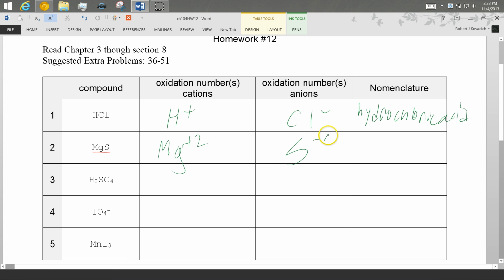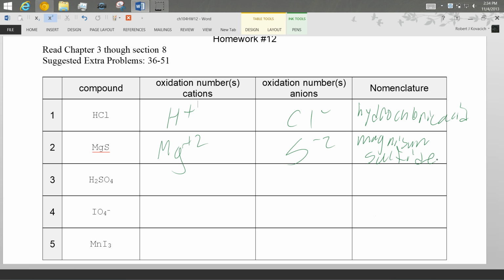So that forces the sulfide to be minus S? How about -2? That's better. So then it's magnesium sulfide. How come it's sulfide and not sulfate or sulfite or something like that?